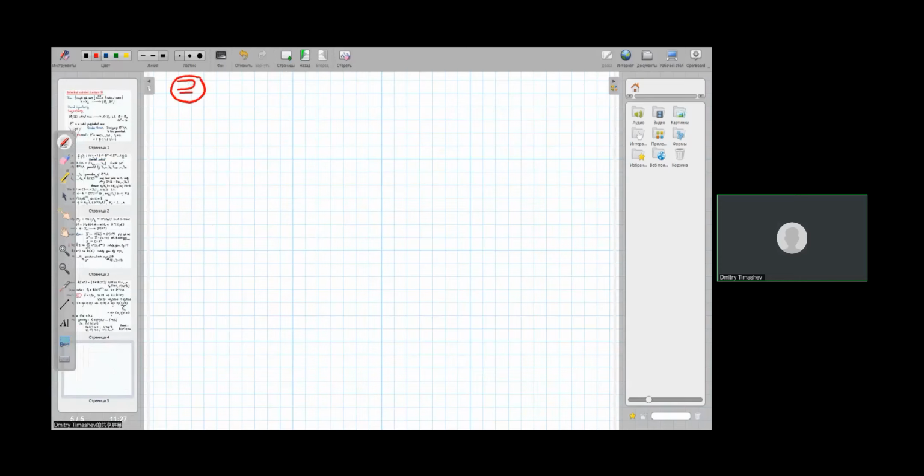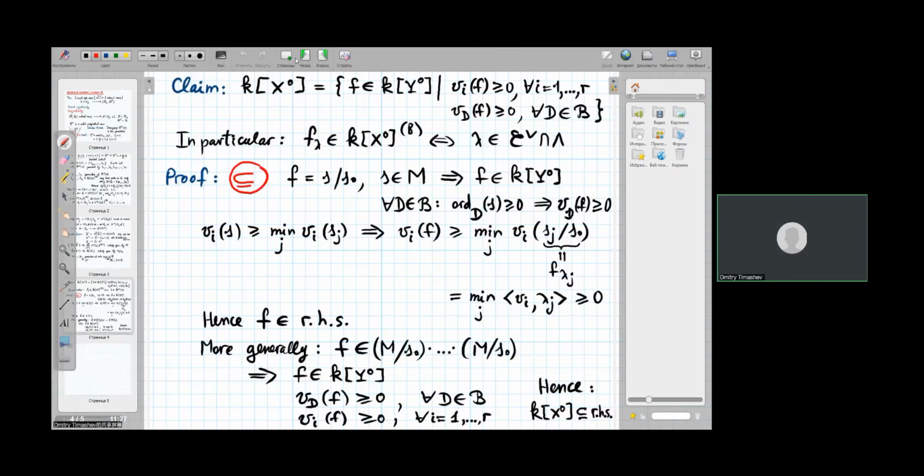Well, how do we do this? Let's take any function in the right-hand side. Any function which is regular on Y_0 and which satisfies these finitely many inequalities for valuations.